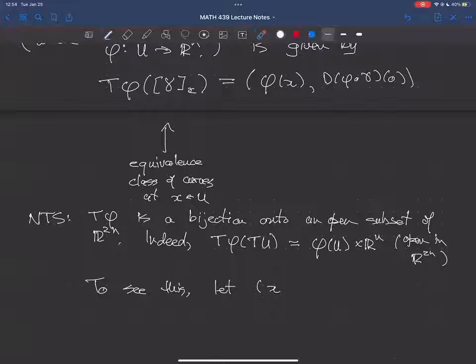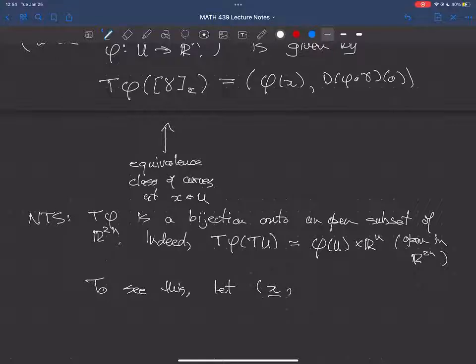But since I don't have access to that, when I want to emphasize the difference between points in a manifold and points in Euclidean space, I might put a bar underneath them or some kind of vector-y notation.